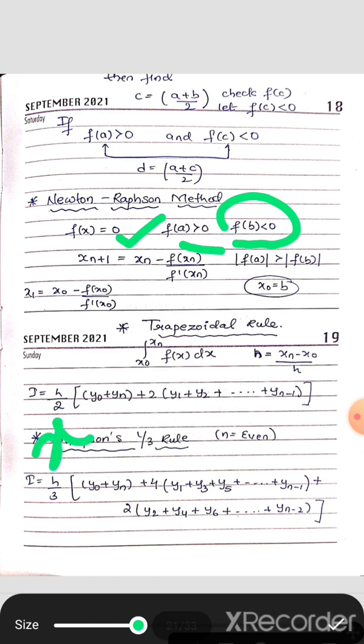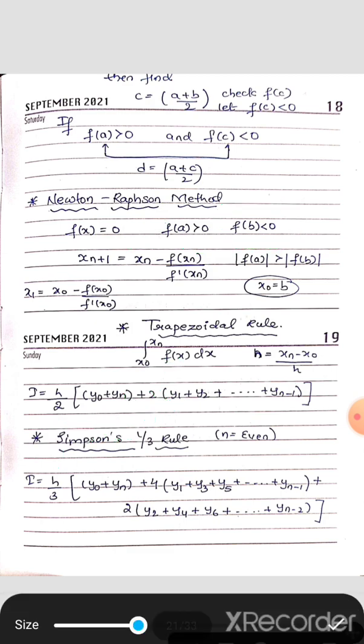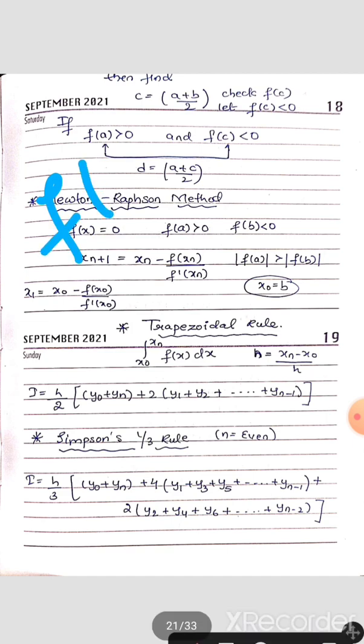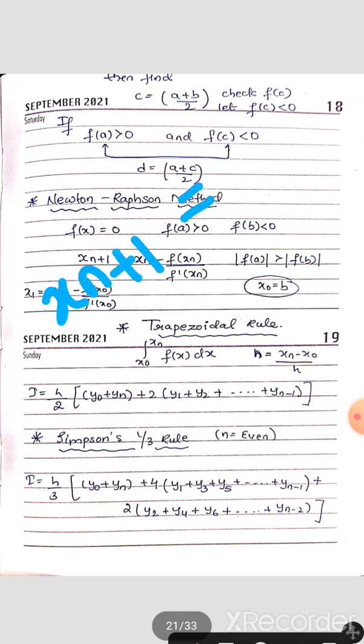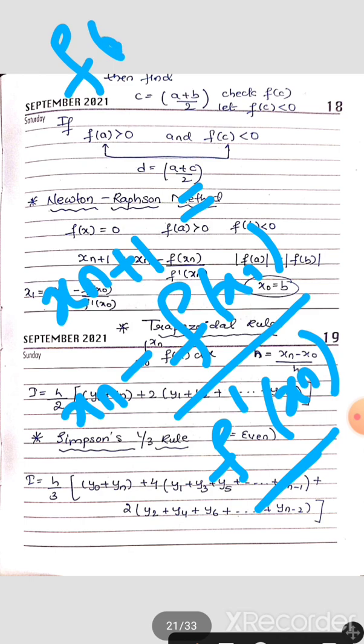The formula for the Newton-Raphson method is x of n plus 1 equals xn minus f of xn divided by f dash of xn. You need to find the f dash function for the given function in your question.